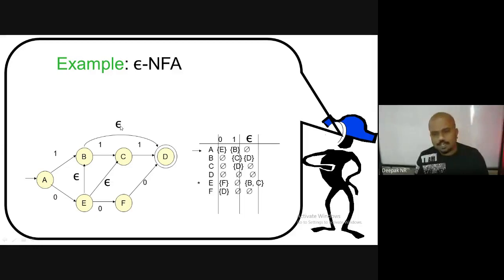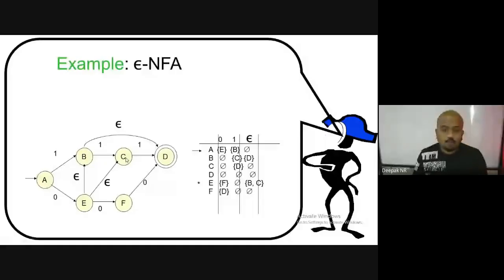I'm going to a state called D. Is that clear? State C on 0 is not defined. If I use 1, it's defined, so I'm going to a state called D. In C, epsilon is not defined, hence I write null. Okay.